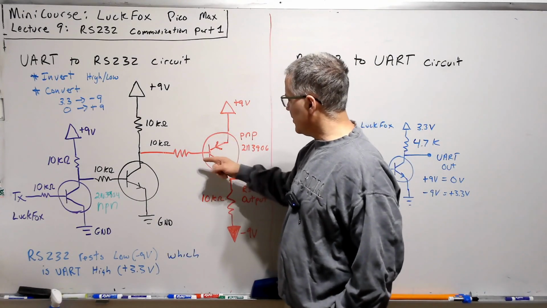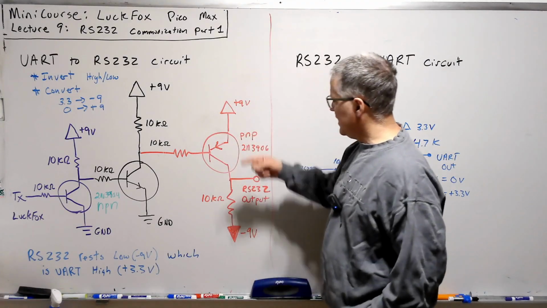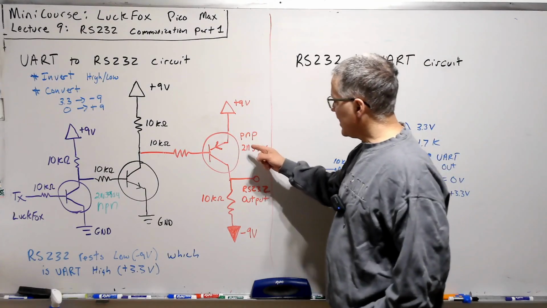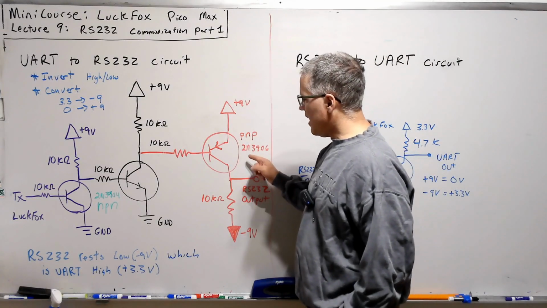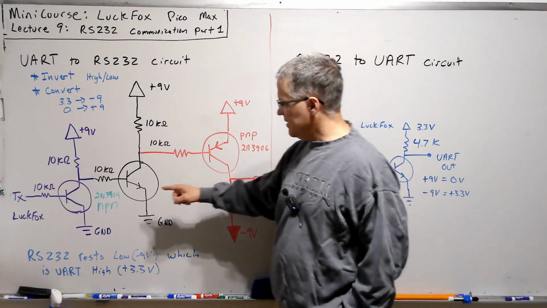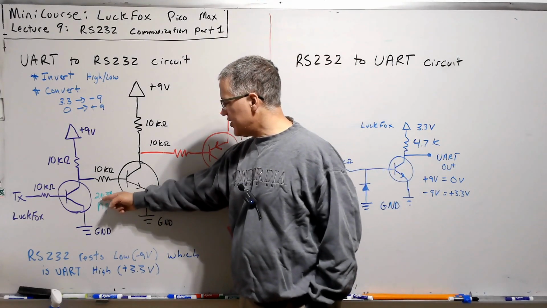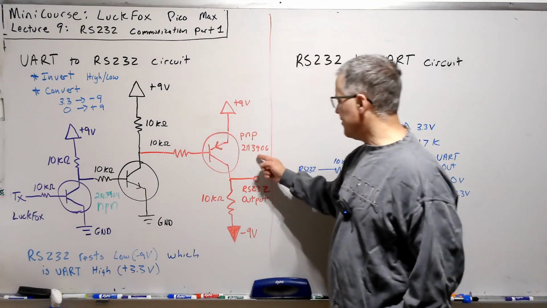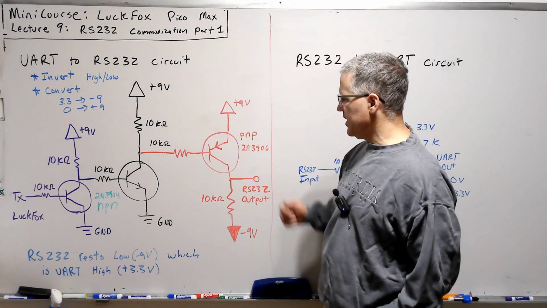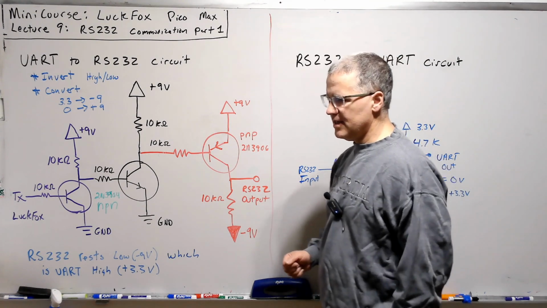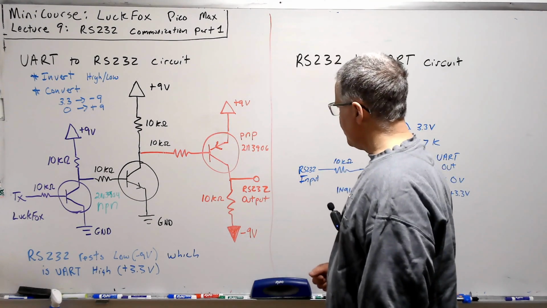Now to invert, we actually need a third transistor here, and we're going to go with a PNP. Although this is absolutely not necessary, a good combination pair would be the 3904 and the 3906, the 3906 being the PNP, both very inexpensive transistors.